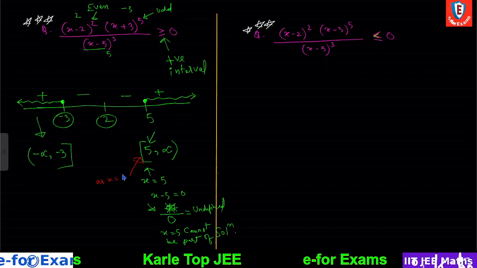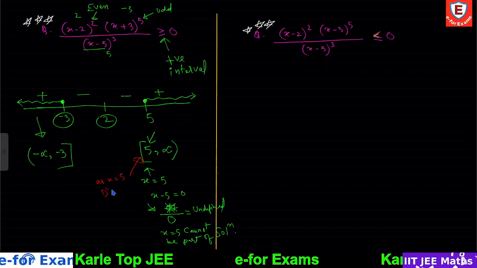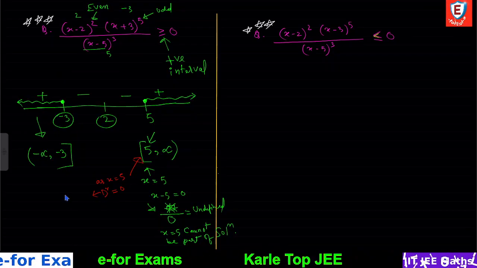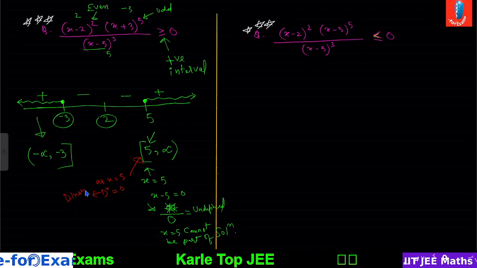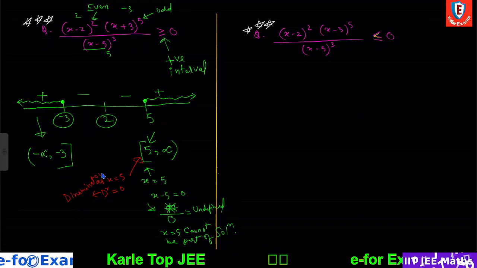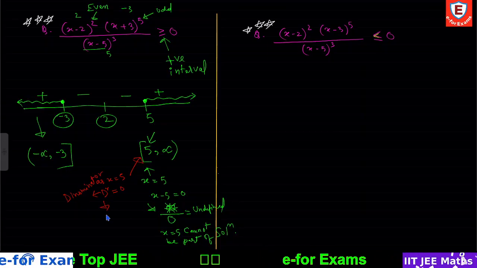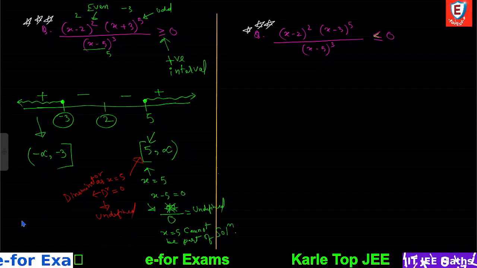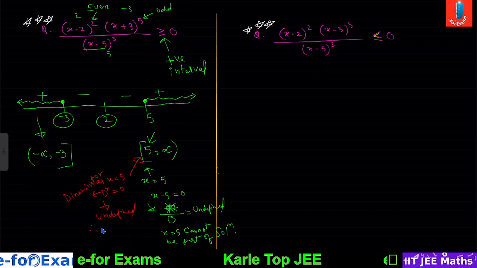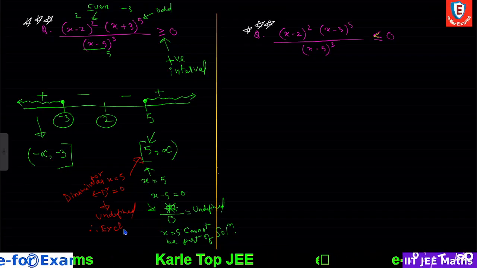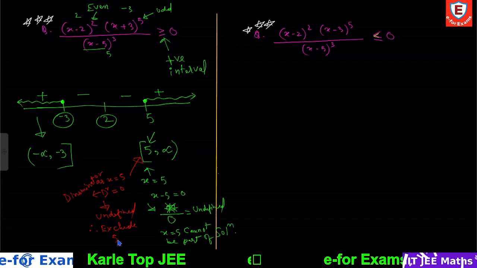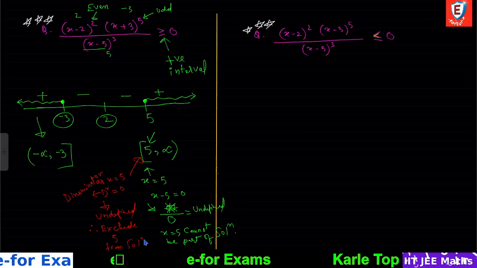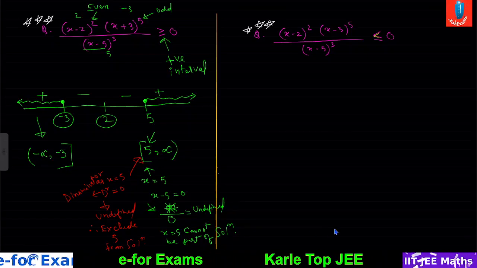Yes, x equal to 5, denominator becomes 0 and makes it undefined. Therefore exclude 5 from the solution.